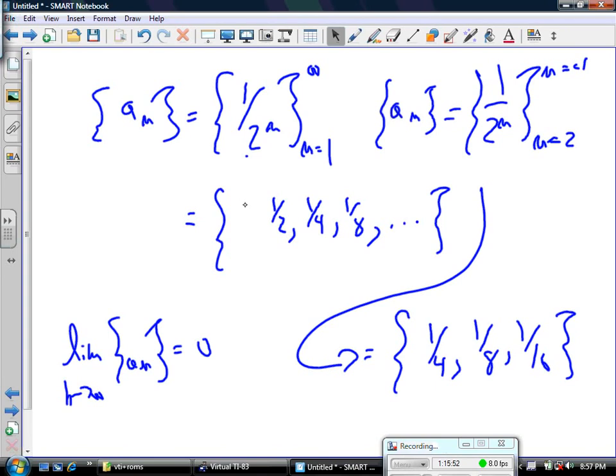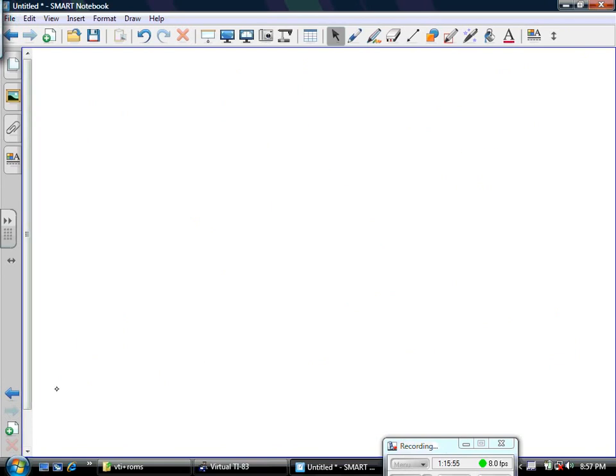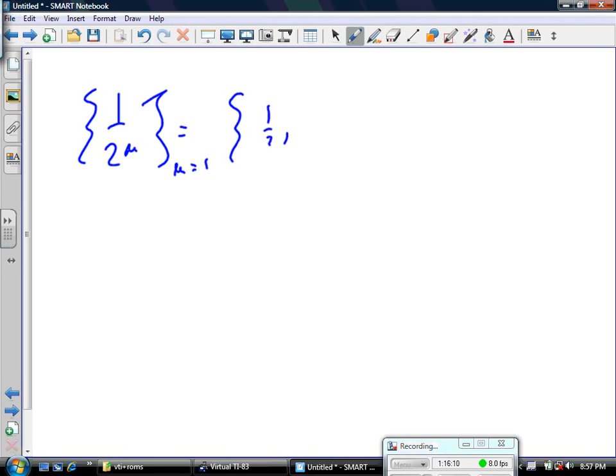Well, let's graph this out too. There's a way to graph series on here, even though there's no series mode on here, notice. So if we're talking about Zeno's paradox, we're talking about the sequence that goes from n equals 1 to infinity. So you get 1/2, 1/4, 1/8, 1/16, and so forth, right?